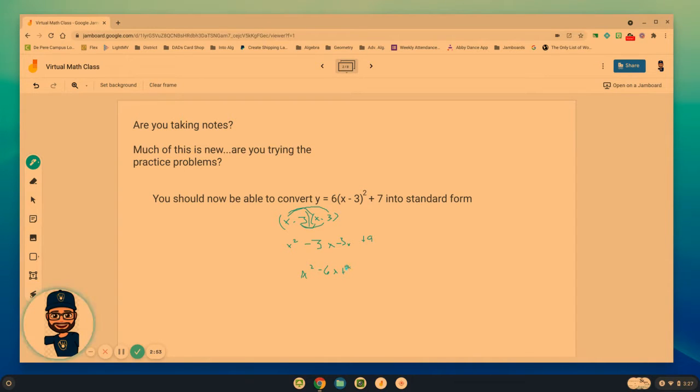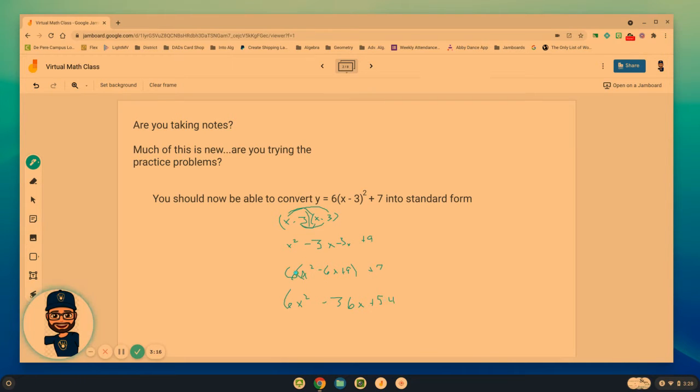Now that's just for the (x minus 3) squared part. We still have a 6 out front and a plus 7 on the end that we have to use. So we're going to distribute, getting 6x squared minus 36x plus 54.